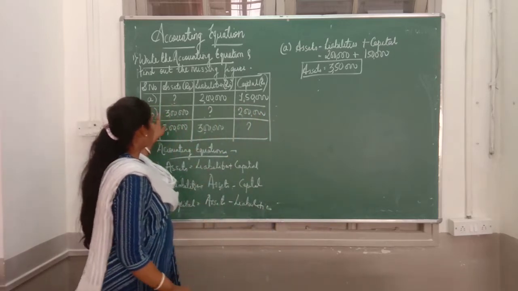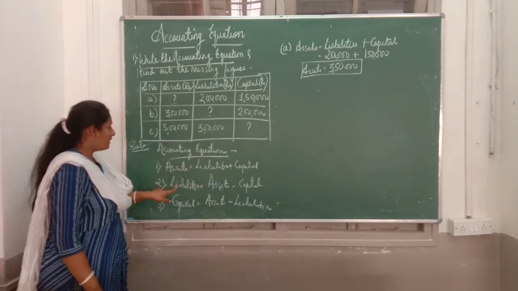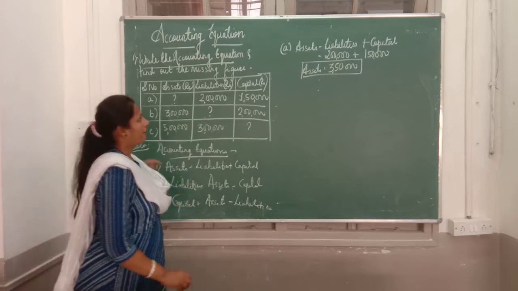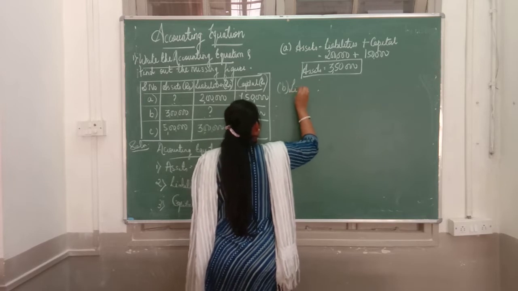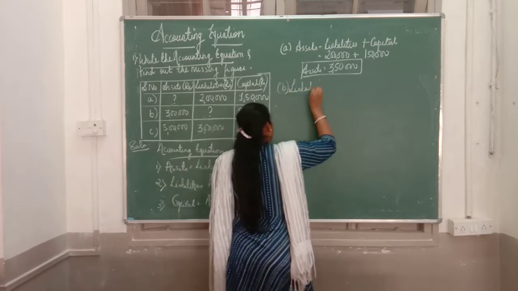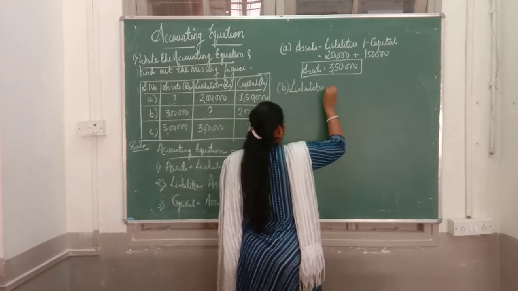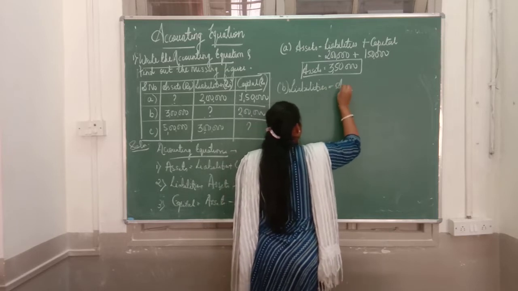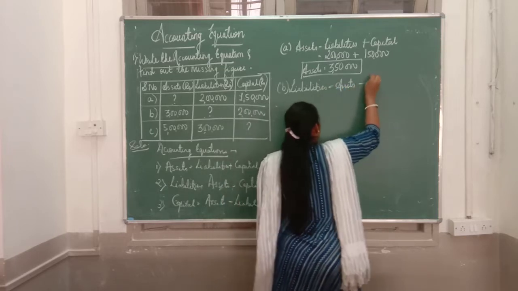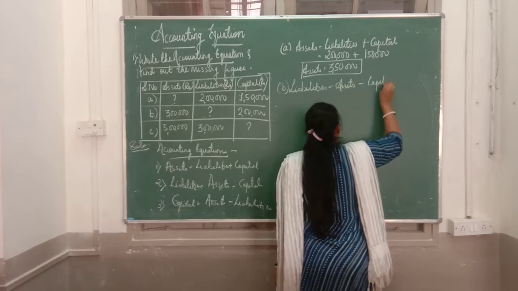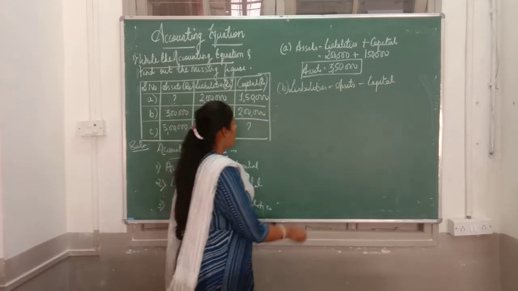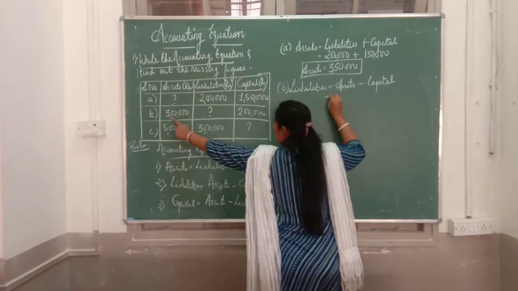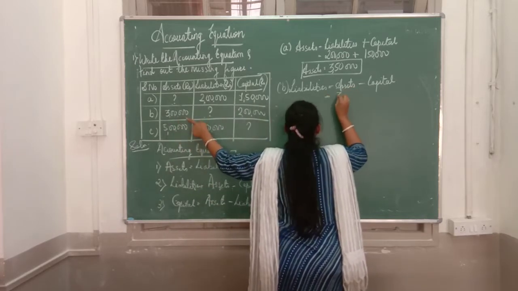Now B. In B, what is missing? Liabilities. When liabilities is missing, take this formula: liabilities is equal to assets minus capital. Now see in the second, how much are the assets? 3 lakh.